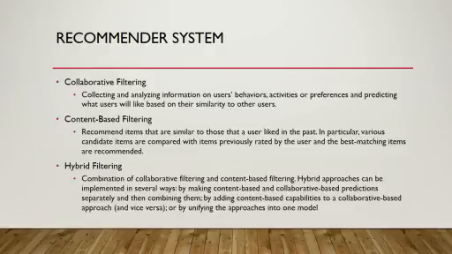The second option is content-based filtering. In content-based filtering, we recommend items that are very similar to those that our user has liked in the past. Suppose I really like a science fiction or action movie, for example Terminator, which falls into the action genre.